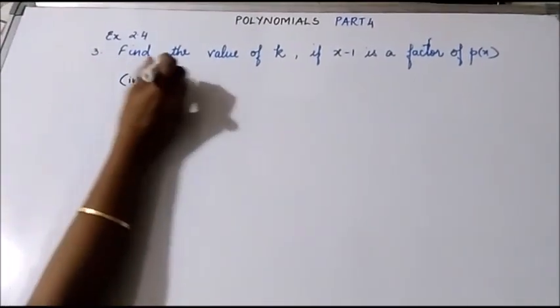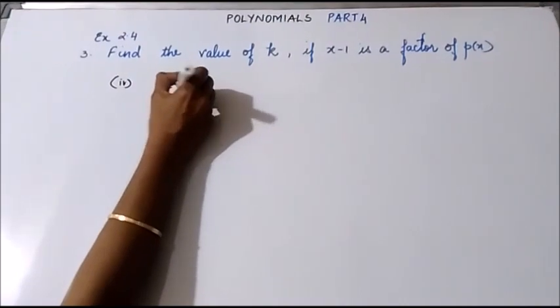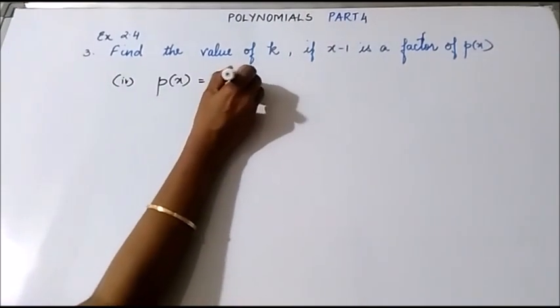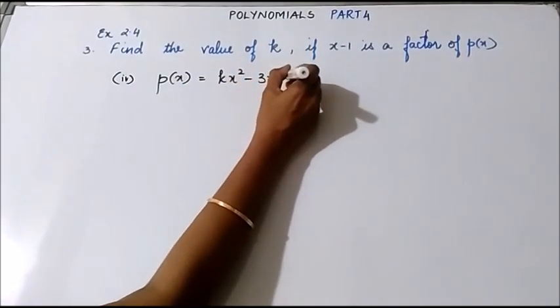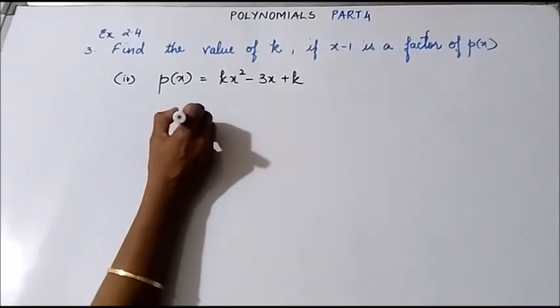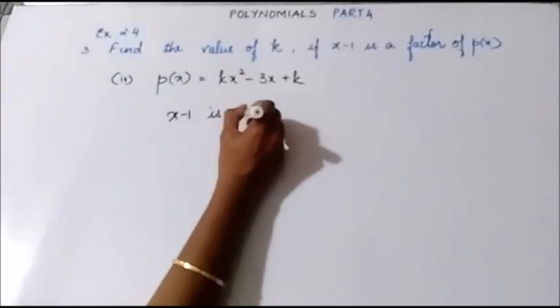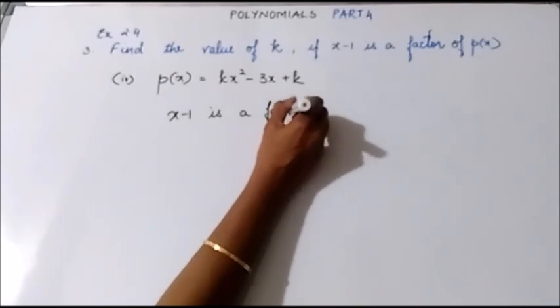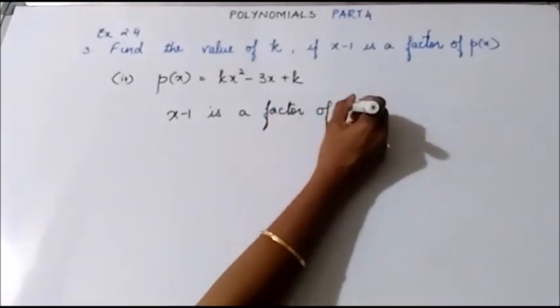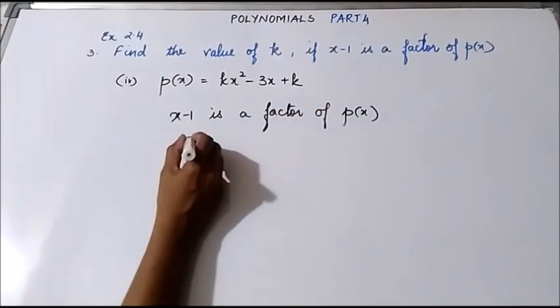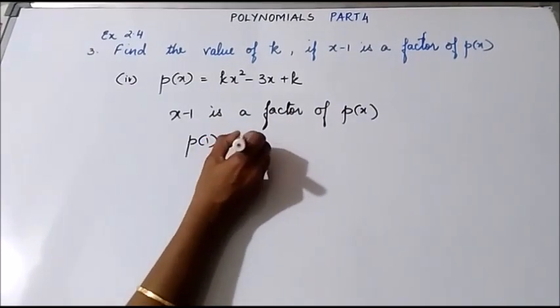The last question in this, it is given kx square minus 3x plus k. Now since x minus 1 is a factor of p of x, what do we get? We get the remainder is equal to 0.